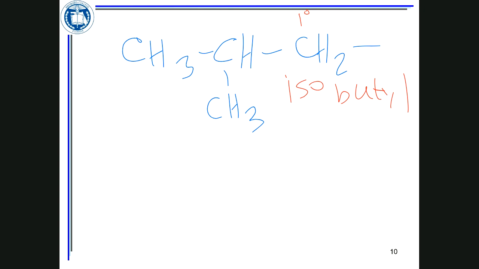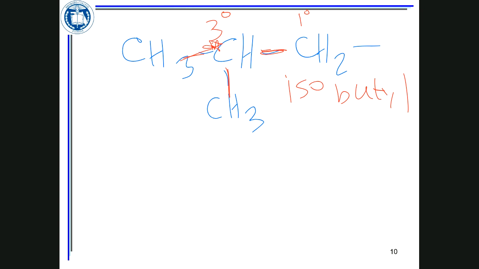What would you call this carbon here? How would you call it? Primary, secondary, or tertiary? Tertiary, because it's attached to 3 other carbons. If it's attached to 3 other carbons, it's going to be a tertiary carbon.